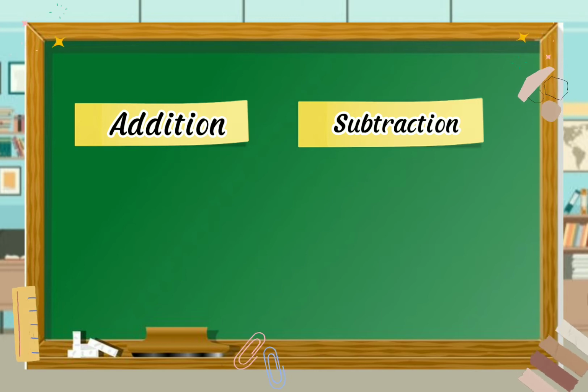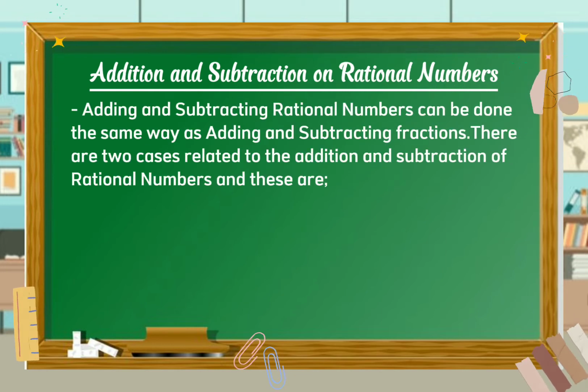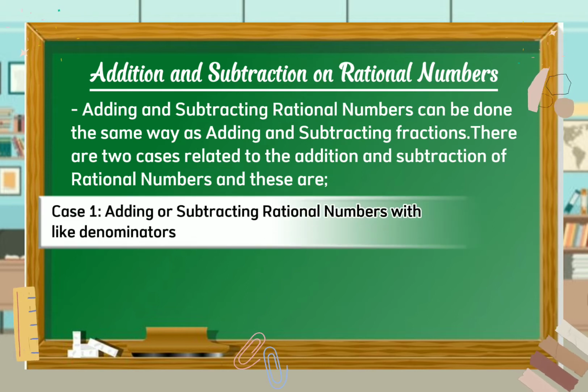Now, let's learn about these 2 operations. Addition and subtraction on rational numbers. Adding and subtracting rational numbers can be done in the same way as adding and subtracting fractions. And there are 2 cases related to addition and subtraction of rational numbers, and these are: Case 1.